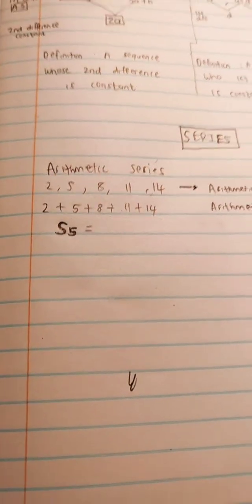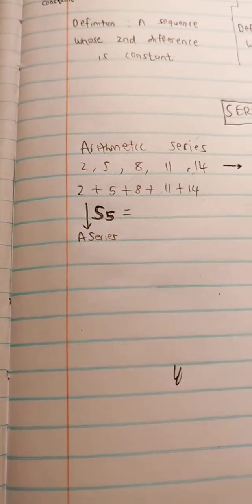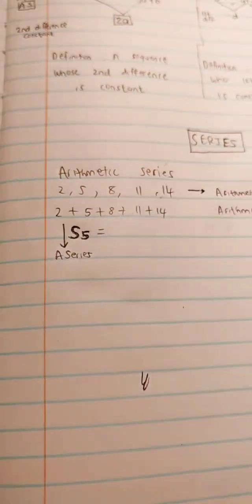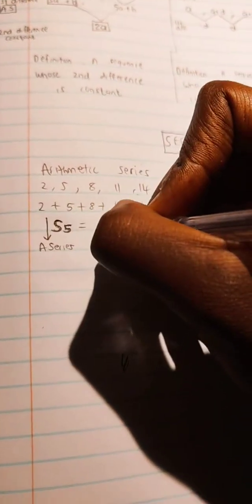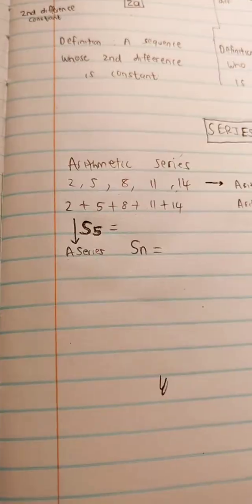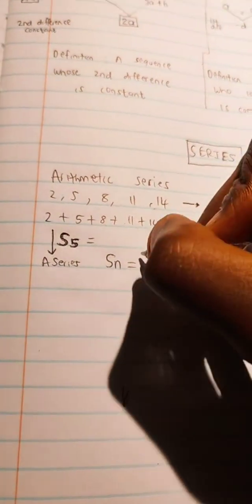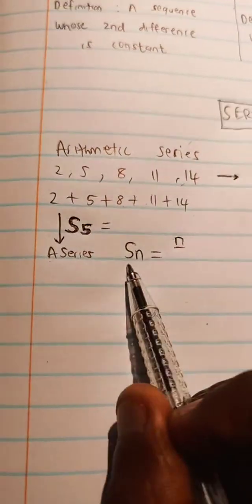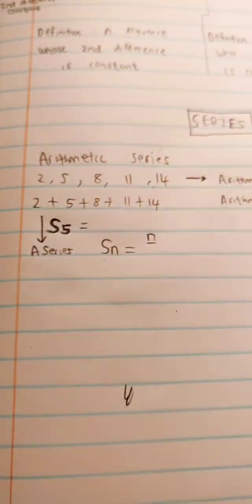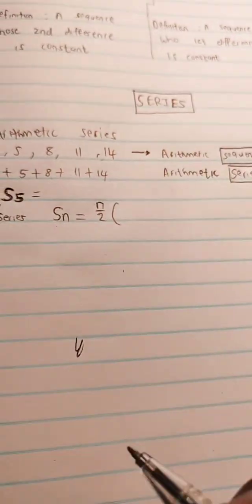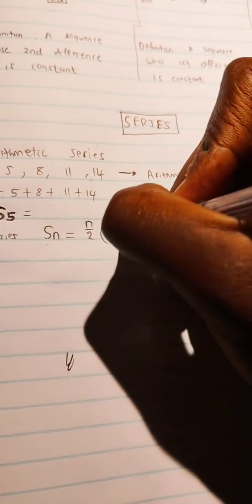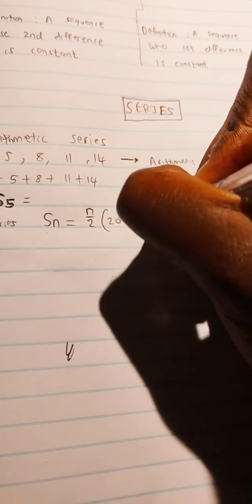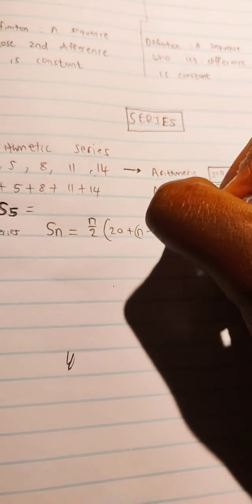All right. Now, for an arithmetic series, there is a formula that we use for the sum of the first n terms, which is Sn, the sum of the first n terms, is equal to n over 2, then 2a plus n minus 1 d.